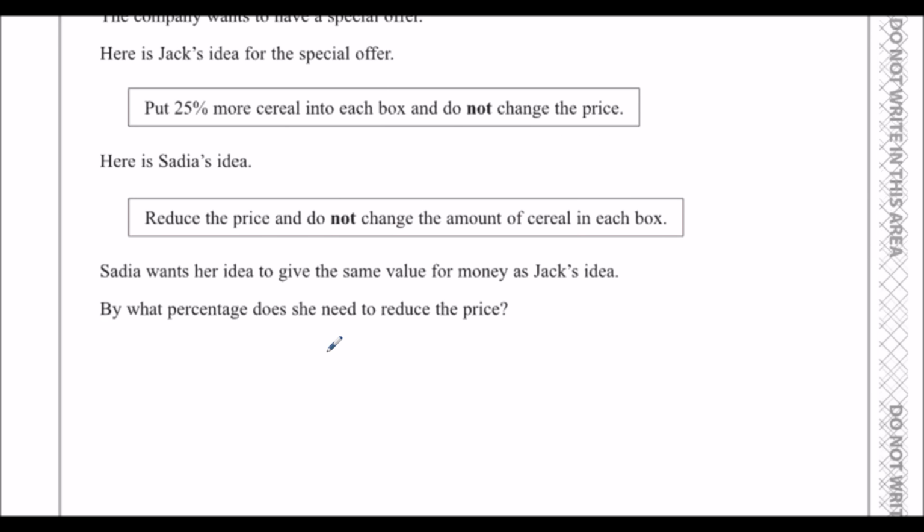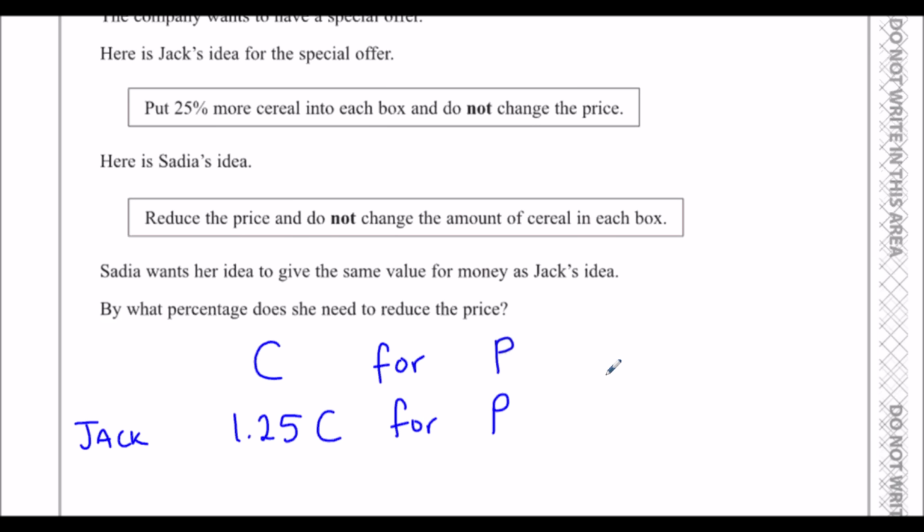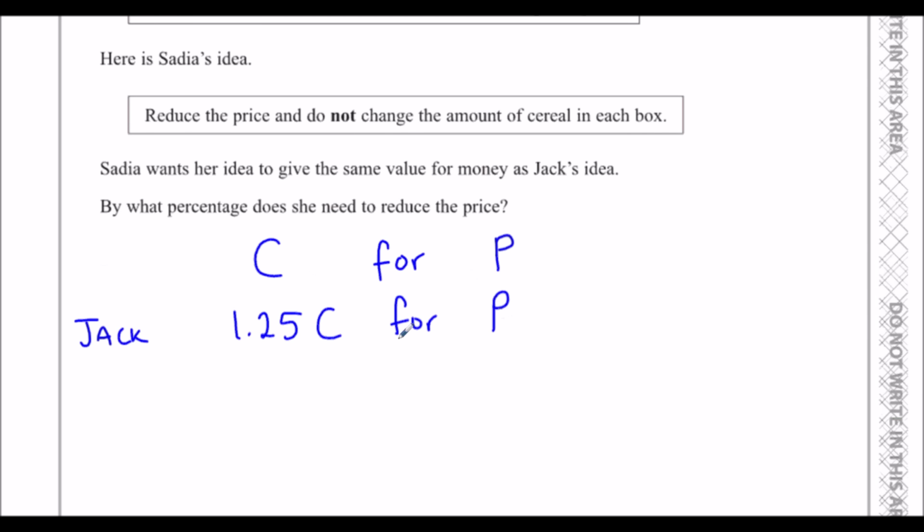So we've got C, amount of cereal, for P, price. So if Jack increases the amount of cereal by 25%, Jack's going to offer 1.25 times the amount of cereal for the same price. And Sadia wants to change the price and not the cereal, so how can you keep this offer the same value?